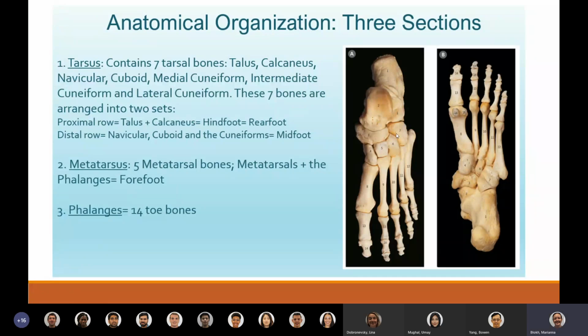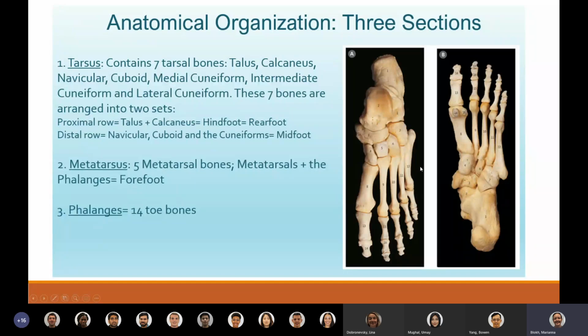Okay. Then you have your metatarsus, which is the 5 metatarsal bones, correct? And the metatarsals together with the phalanges are grouped as the forefoot. So forefoot surgery includes your bunion surgery, which works on the metatarsal bones, and osteotomies for the lesser metatarsals, and your bunion surgery for the little bunion that forms around the 5th metatarsal head and 5th metatarsal phalangeal joint.